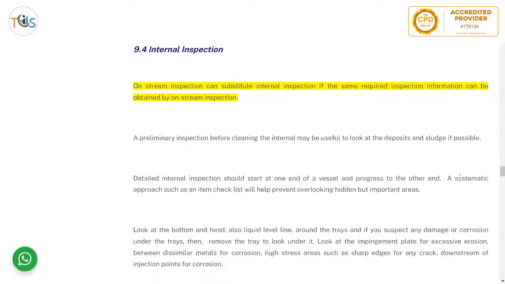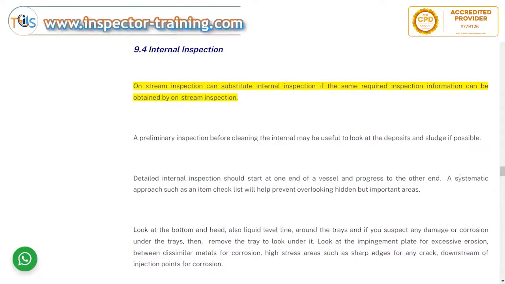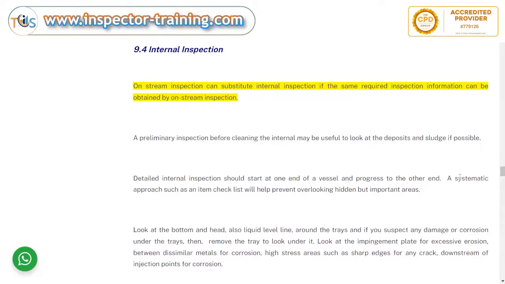Internal inspection. On-stream inspection can substitute internal inspection for certain requirements. These are: the corrosion rate is not more than 0.005 inch, and the next inspection interval calculation shows that it's more than 10 years.